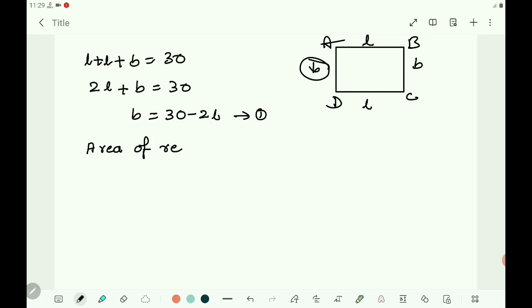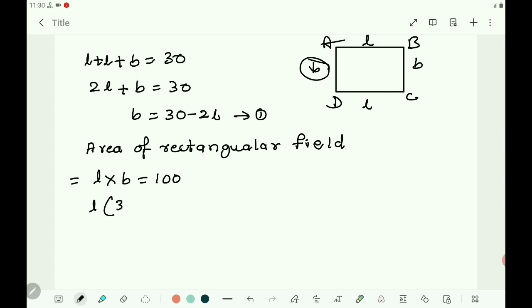Area of rectangular field equals L into B, which is equal to 100. And write L only.